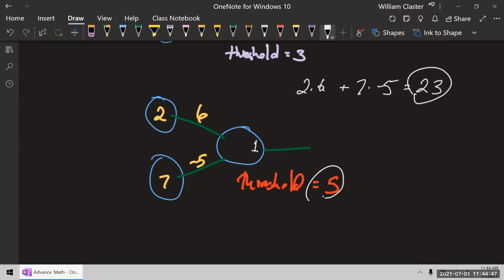Now there might be a weight here, some other weight like 2 here, so we could keep going. Okay, good. So here, what did we do? We took the 2 times the 6 and the 7 times the -5. Now, suppose I wrote these like I did about 5 slides earlier. I wrote 2, 7.